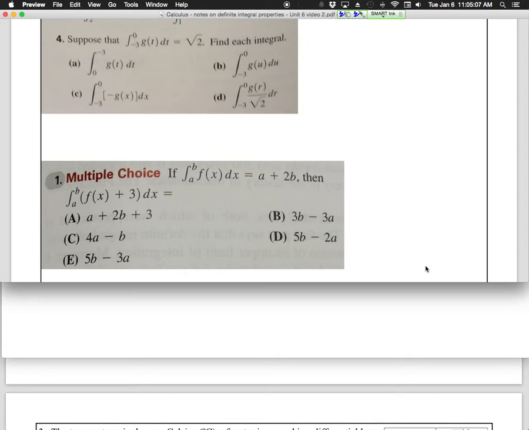Is it top minus bottom? Winner. Am I doing this right?